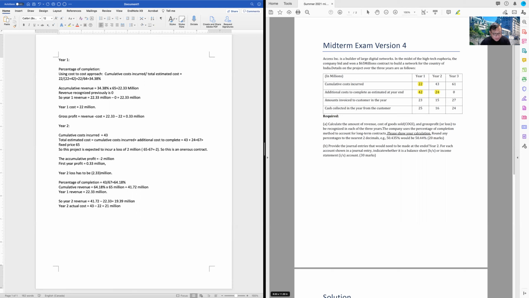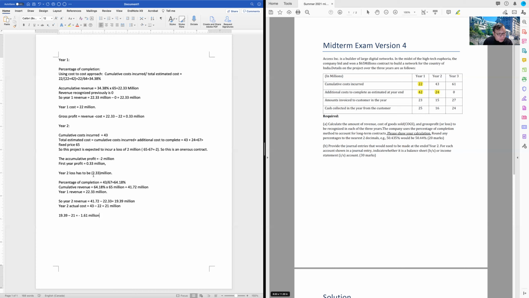So if you just use the revenue, 19.39 minus 21, you get a negative, a loss, right? A negative $1.61 million loss, right? I think that's right. Yeah, negative $1.6 million loss, right?